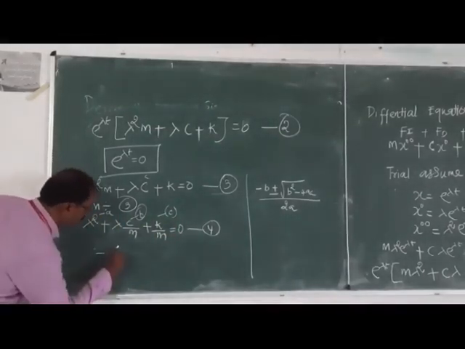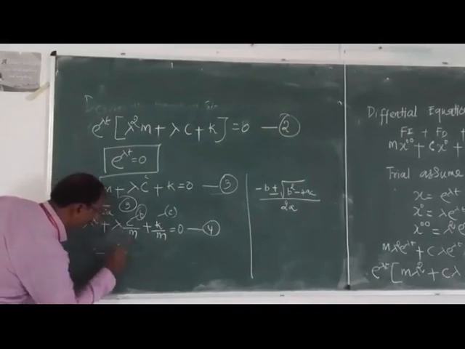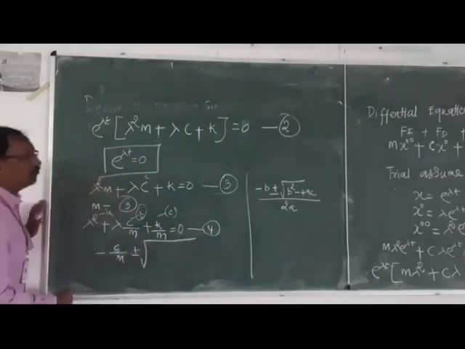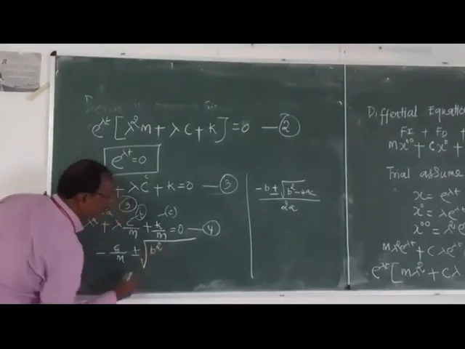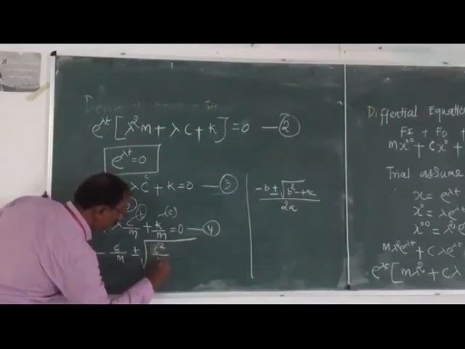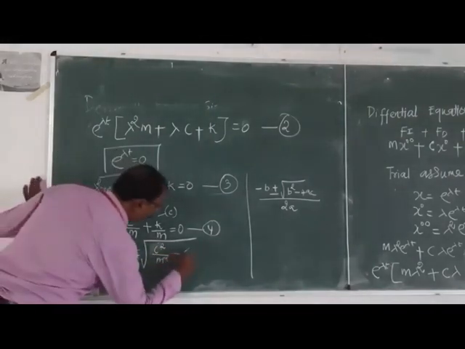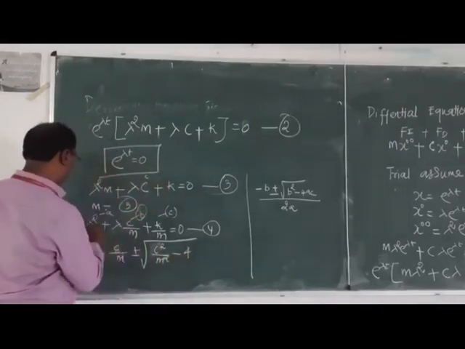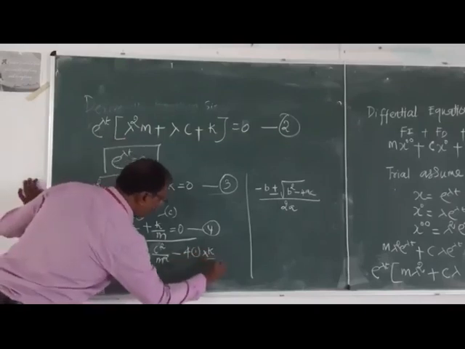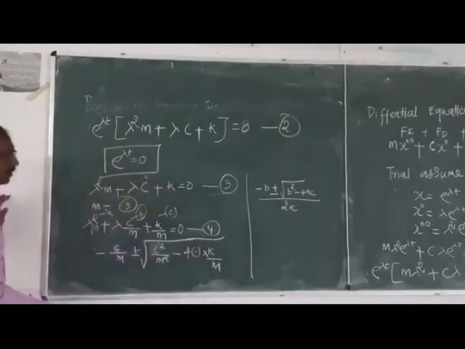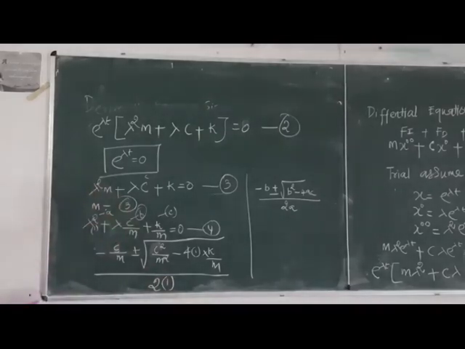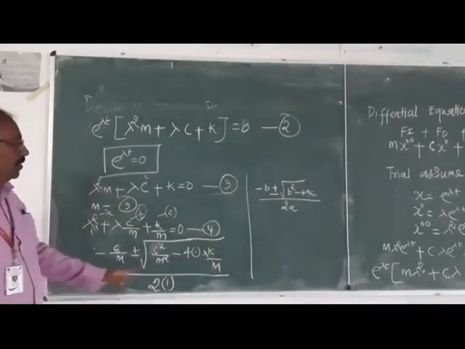Minus b is c by m, plus or minus root of b square, means c square by m square, minus 4 times a, which is 1, into c, which is k by m, all divided by 2a.